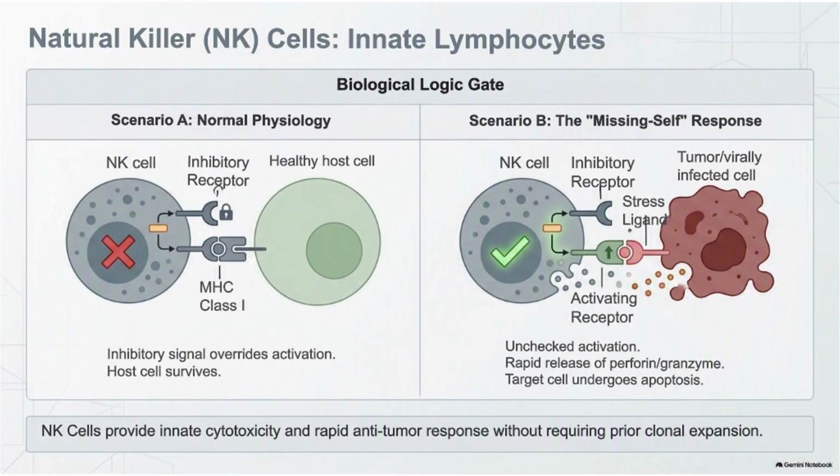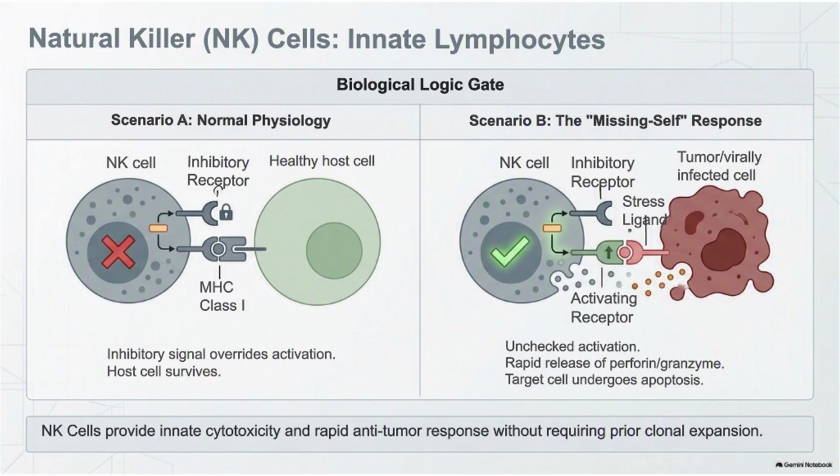So NK cells operate almost like a biological logic gate. Activating signals tell it that there may be a problem. Inhibitory signals tell it to leave a healthy cell alone, and the balance between those inputs helps determine whether the target survives.